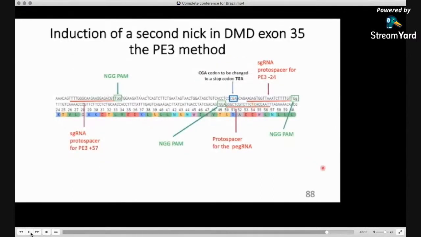We have then tested a second method to try to increase the percentage of mutation in exon 35. It is to induce a second nick in the target gene. This is the PE3 method. Essentially, we have identified 2 PAM sequences, which permitted a guide RNA to induce a second nick at either 57 nucleotides from the original pegRNA nick or at 24 nucleotides from the pegRNA nick.